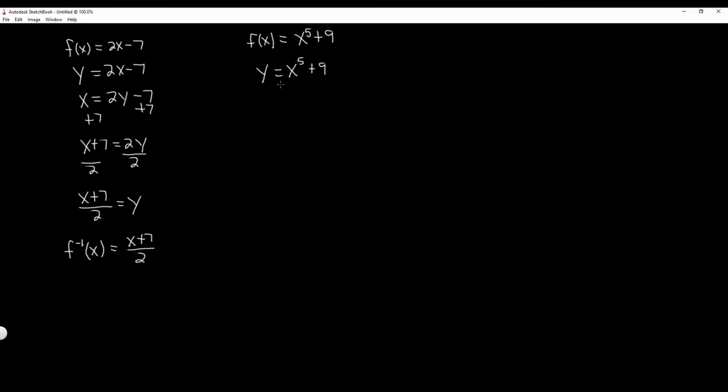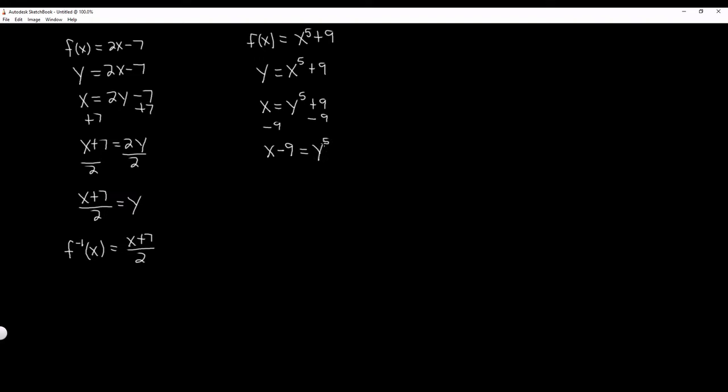And then we switch x and y, and we get x is equal to y to the 5th plus 9. And then all we do is solve for y. So we'll subtract 9 from both sides and get x minus 9 is equal to y to the 5th.